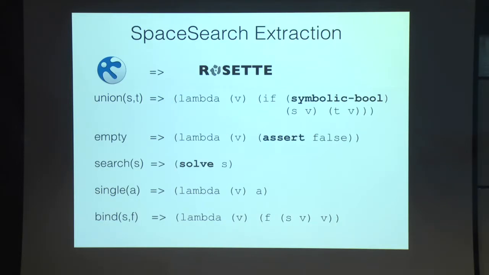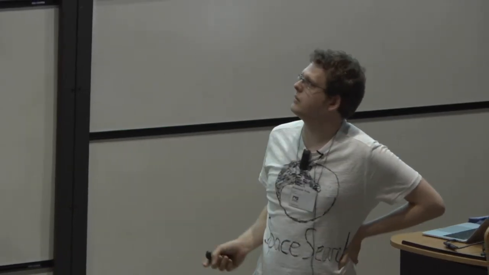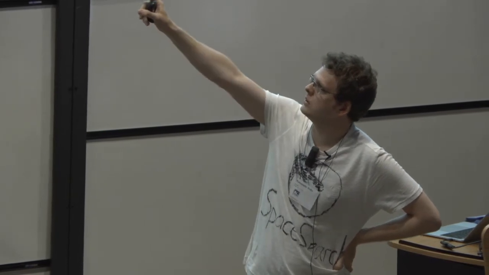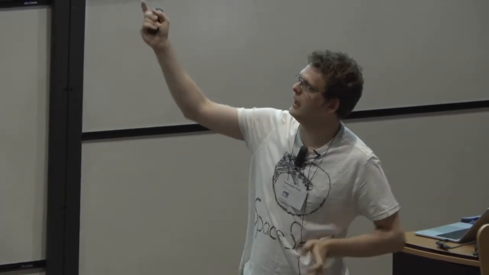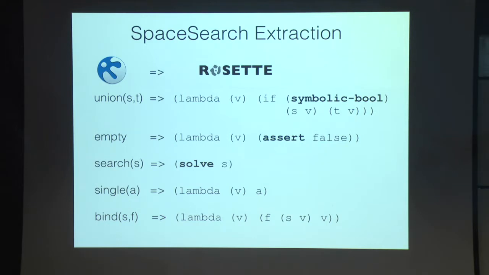Okay. So now back to SpaceSearch, right? How this actually works is that we can now translate all our SpaceSearch functions into functions in Rosette. So for the union, what we're going to do is create a symbolic Boolean and non-deterministically choose either the left or the right element in the union.